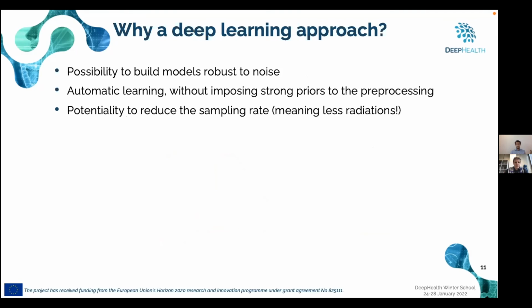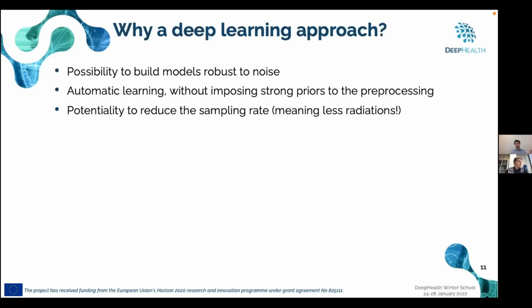And here comes the question, why do we want to use a deep learning based approach to solve this kind of problem? There are many reasons, some of which have already been mentioned, like the possibility to build models robust to noise.